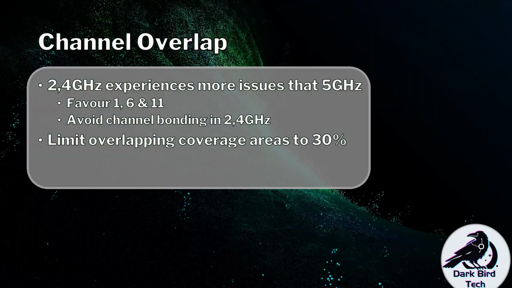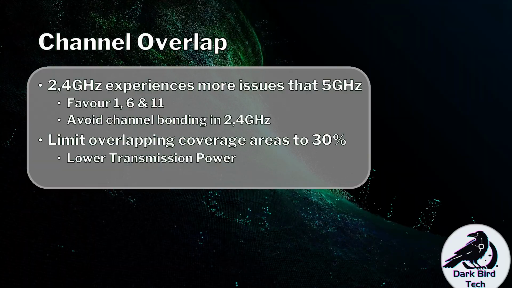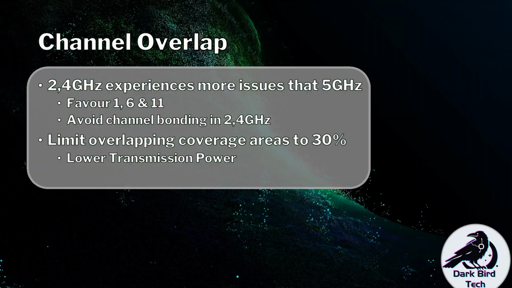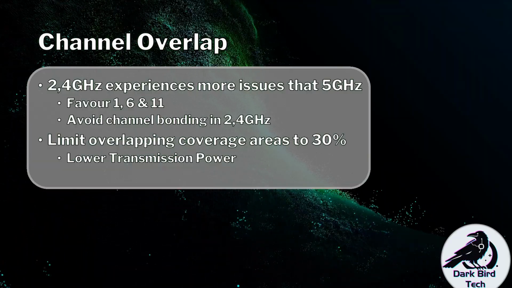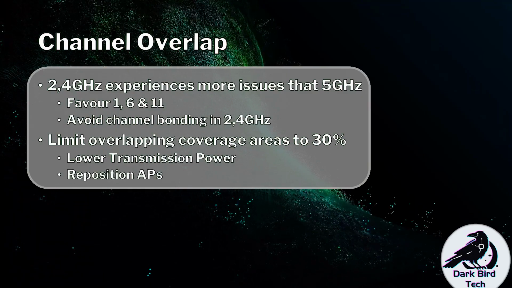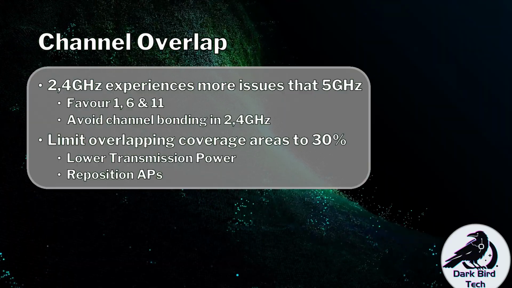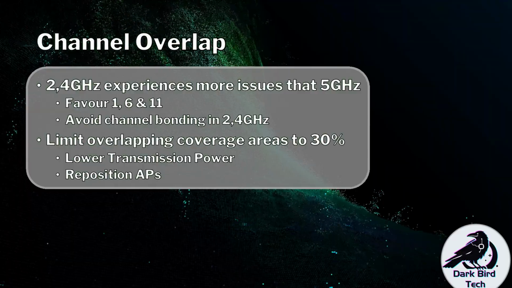To achieve this, you might want to lower transmission power. That's why I said if the transmission power has been lowered, go and check why, because turning it back up again might just bring back another problem. You could also look at repositioning the access point, either closer to each other or further away from each other to achieve the 25 to 30% optimal coverage between two APs.